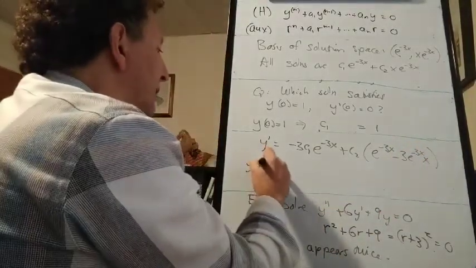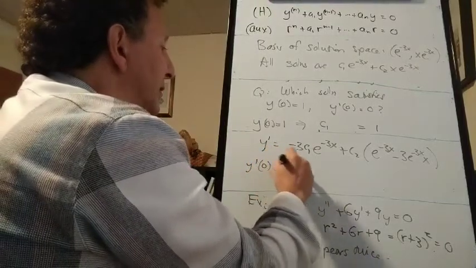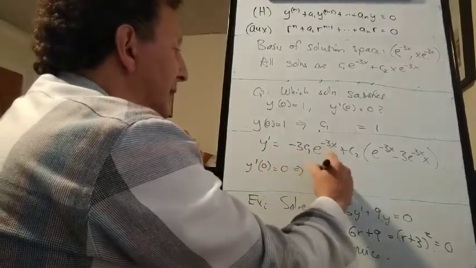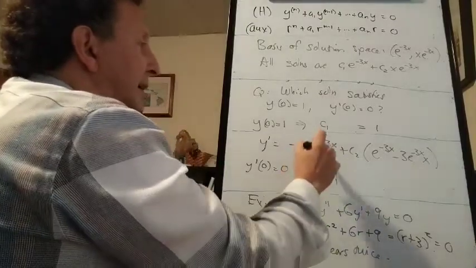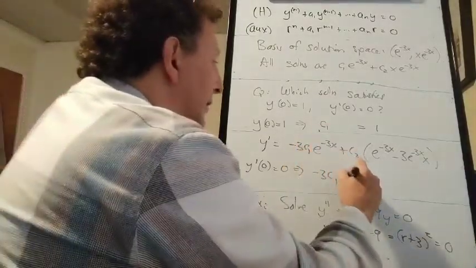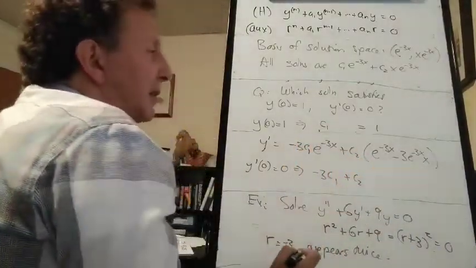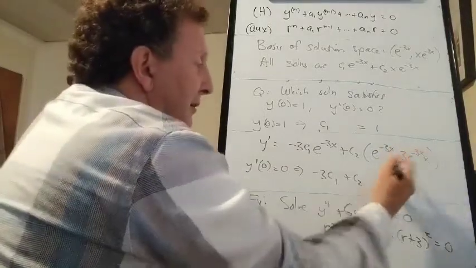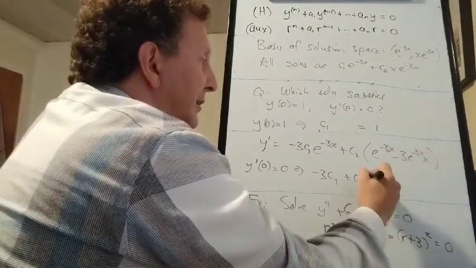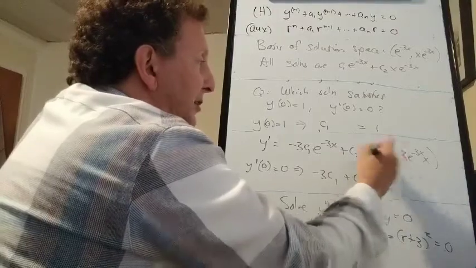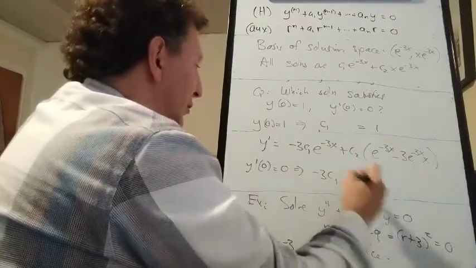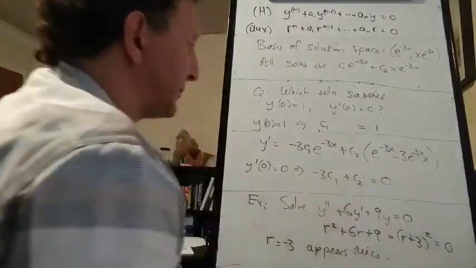So y prime of 0 being equal to 0 means that we have negative 3c1 e to the 0th, which is 1, plus c2. When we plug in 0 here, that part's going to disappear, and we've got c2 e to the 0th, which is 1, so c2. This equals 0.